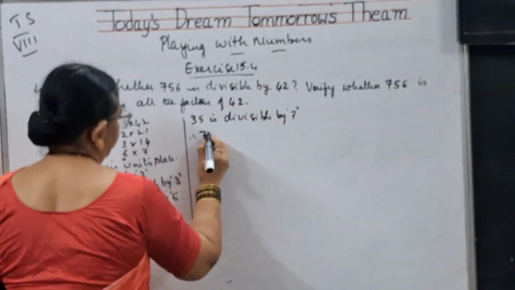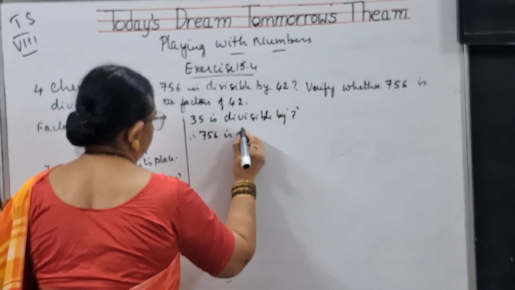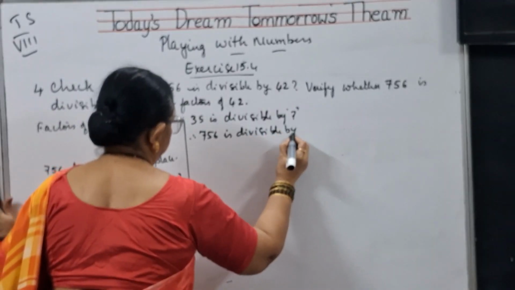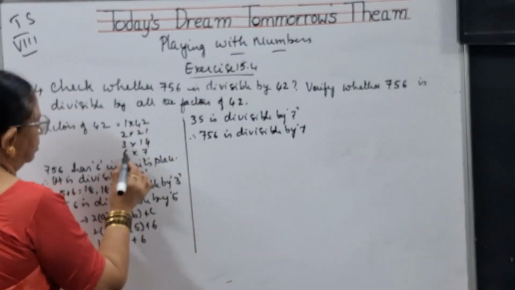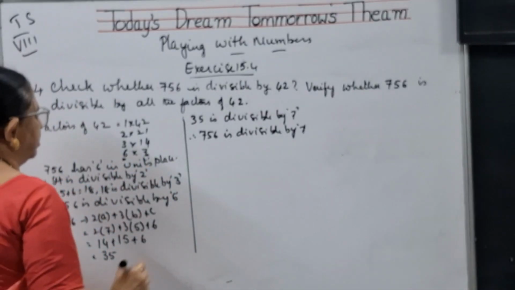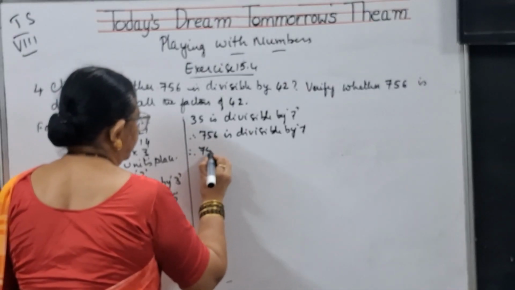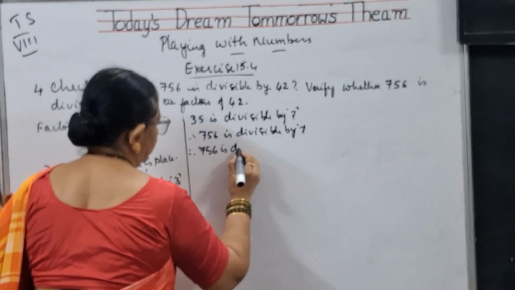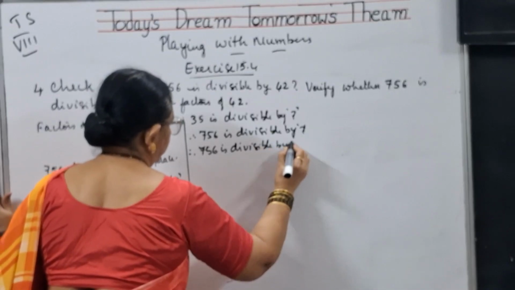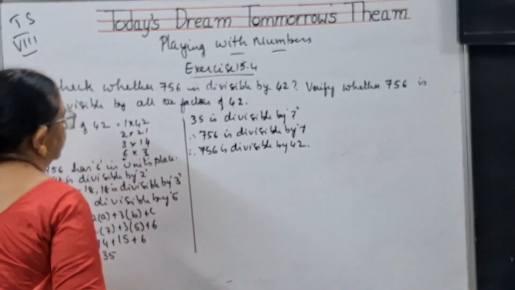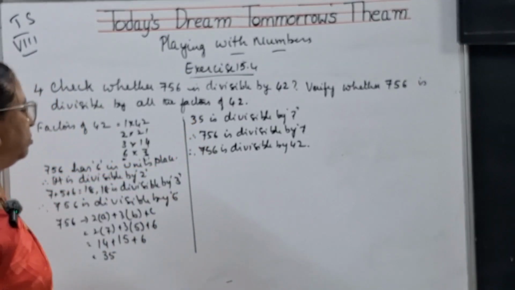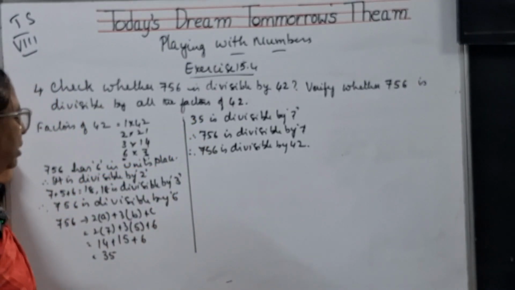Therefore, 756 is divisible by 7. So see, children, it is divisible by 6, and I proved it is divisible by 7. So we will be saying that therefore 756 is divisible by 42, because we have proved that it is divisible by 6 as well as by 7. So it is divisible by 42.